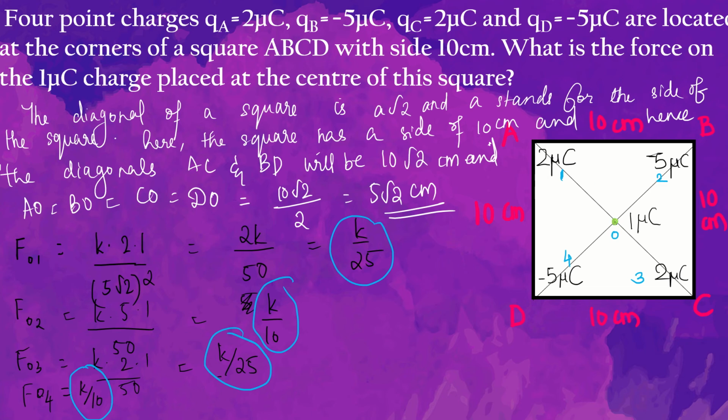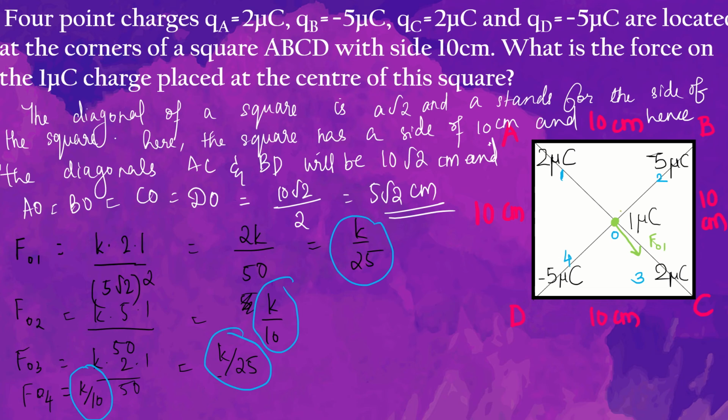So when I'm standing on this O position, since both of these are like charges, they will repel. I will not go towards 2 microcoulomb, I will go away from 2 microcoulomb. And this is the direction of F01.